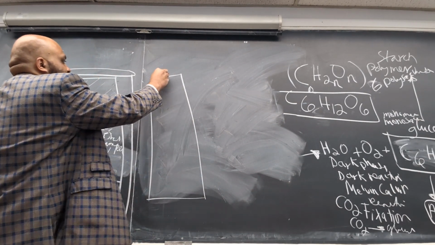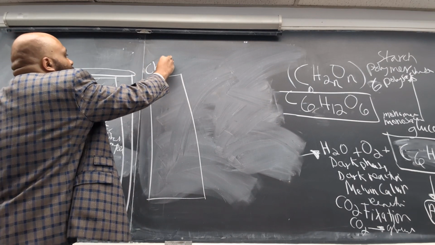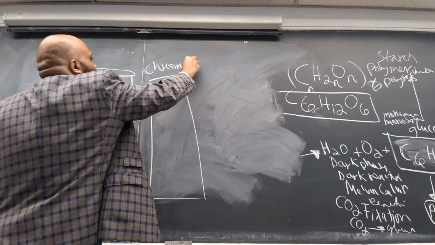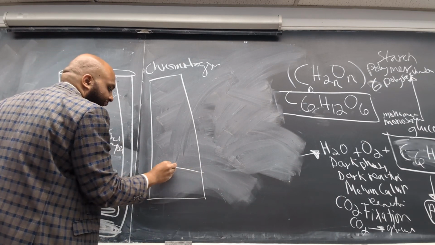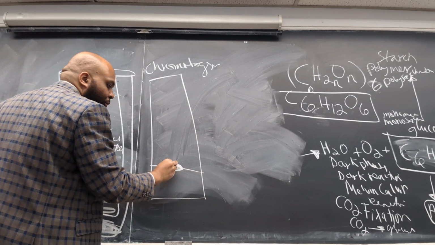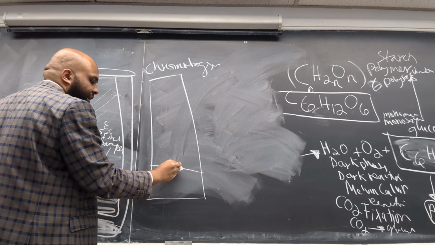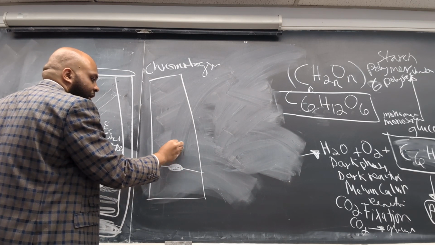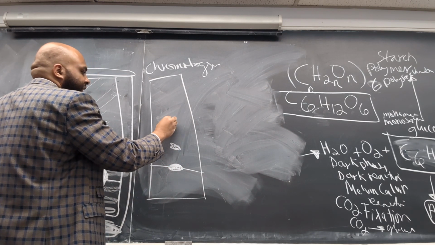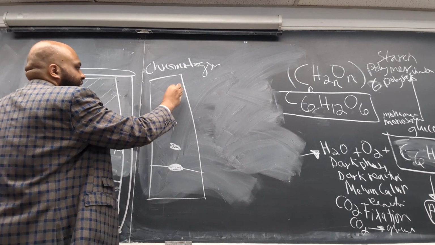So when you look at the separation, you will see something, and then you have to make an illustration, and this is your chromatogram. This chromatogram is going to have the big dot where you put the first extract sample, and then you will see some separation. You'll see a pigmentation here, and a pigmentation here, and a pigmentation here.